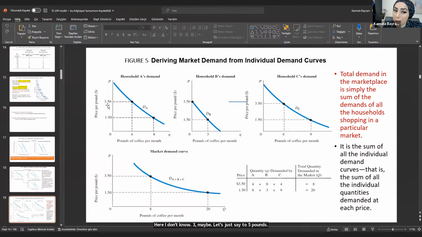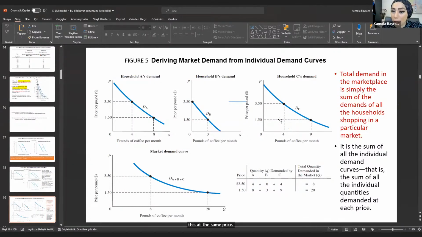But when the price is $3.50 per pound, this family is consuming 4 pounds of coffee per month. Meanwhile, household B, and a household is not necessarily a family, it can be only one person, but let us use it as a family to make it simpler. If the price is $3.50, household B cannot afford consumption of coffee at all. So at the same price, this household is not going to consume coffee.